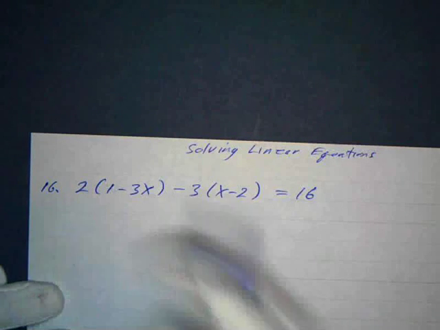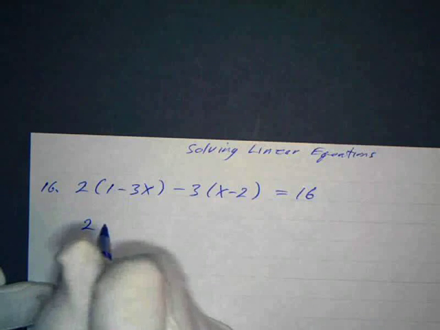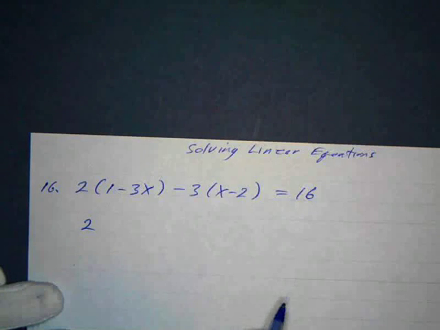2 times 1 is 2. And a positive times a negative is a negative. And when you multiply these out, I always think sign, number, variable.